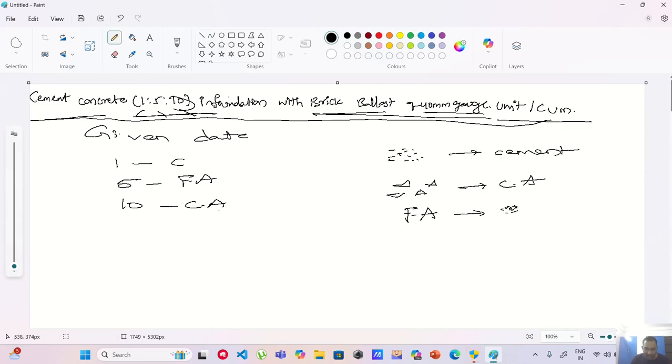Let me go over the filling properties. These are the coarse aggregates, with some angular shapes. In this coarse aggregate there are some gaps, and in these gaps fine aggregate is going to be filled.